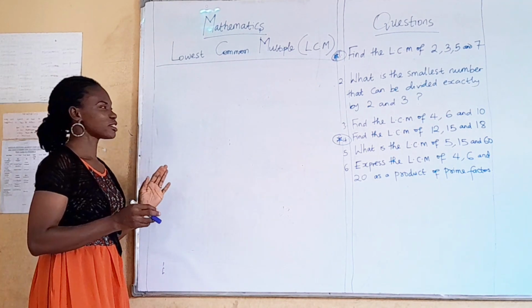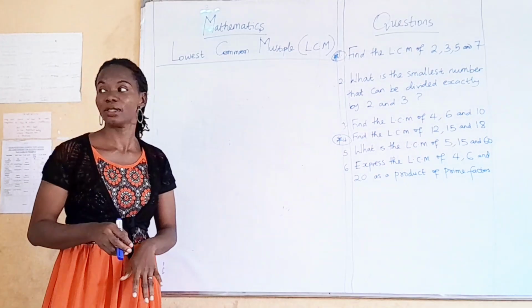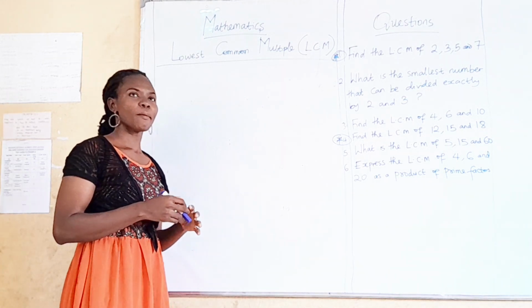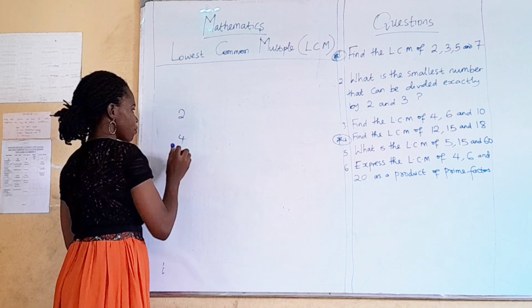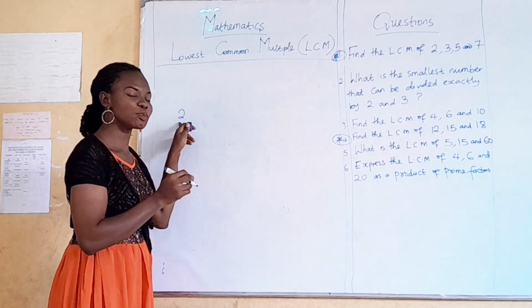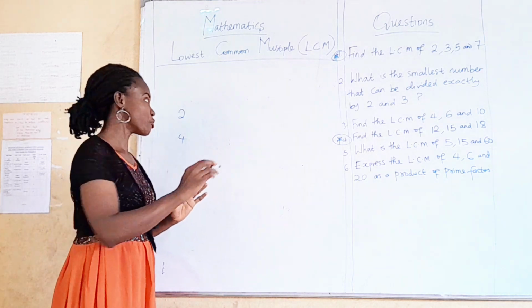The first thing we want to do is give an overview of what lowest common multiple is. First of all, we'll start with multiple. Let me have the numbers 2 and 4. What are the multiples of 2? In other words, what are the numbers that 2 can divide without any remainder?